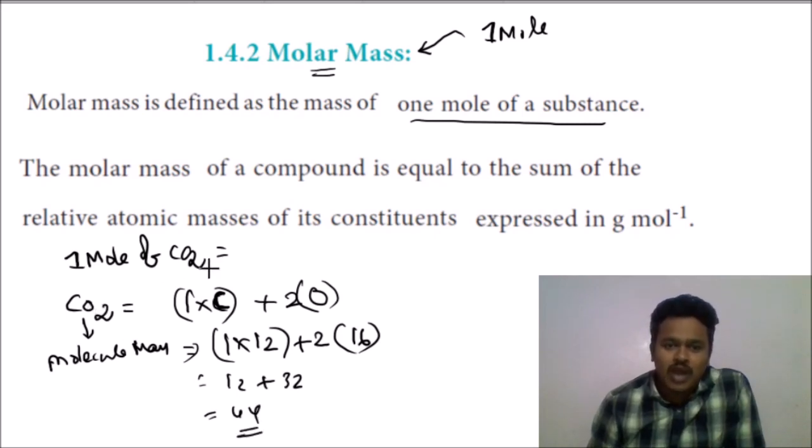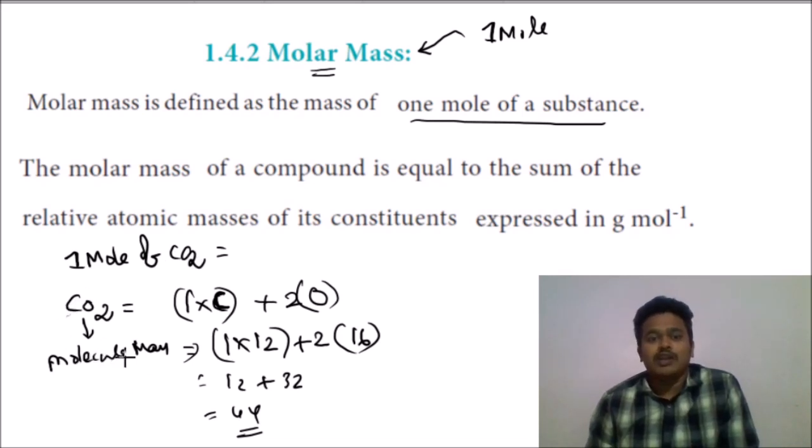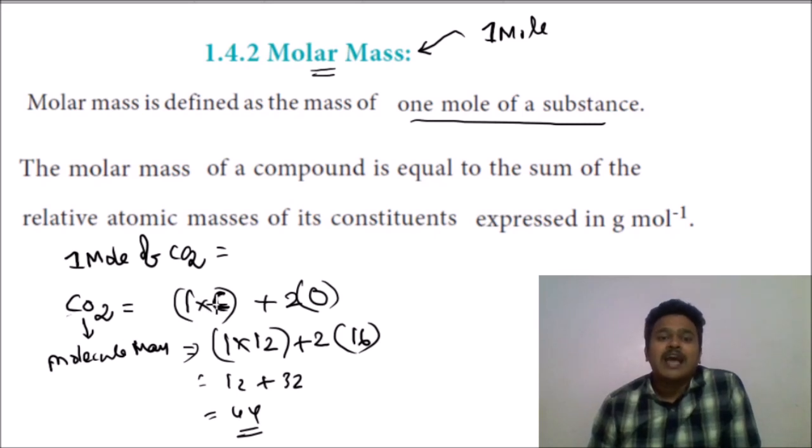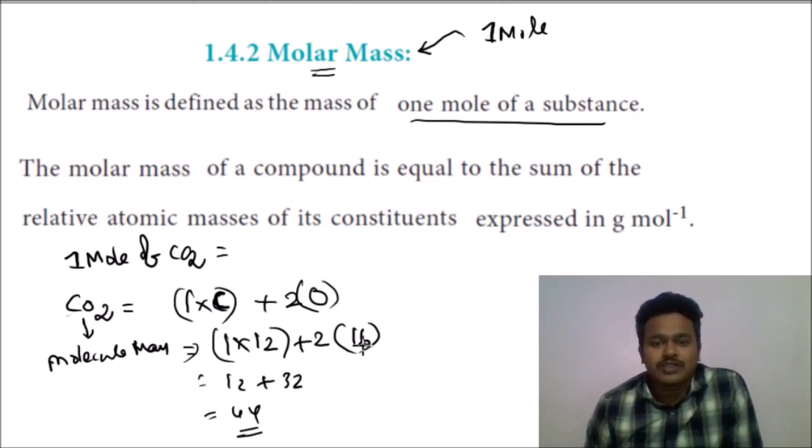So if you are taking 1 mole of CO2, how can you find the CO2 molar mass? CO2 here is a molecule, so molecular mass will be there. How to calculate this molecular mass? By adding the atomic masses of the constituent atoms. Here 1 carbon and 2 oxygens are the constituent atoms in CO2. 1 carbon is there, so 1 into atomic mass of carbon plus 2 oxygens are there, so 2 into atomic mass of oxygen 16.